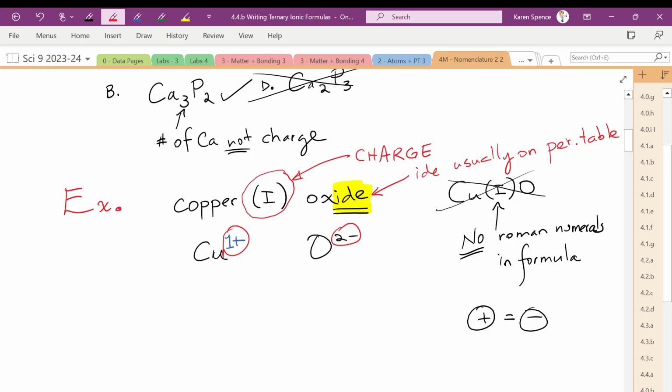Who do we need more of? We need more positive. So let's put another one here. So our total negative right now is -2. What is our total positive? +2. Are those 2 equal? Yes. So we don't need to add any more ions.